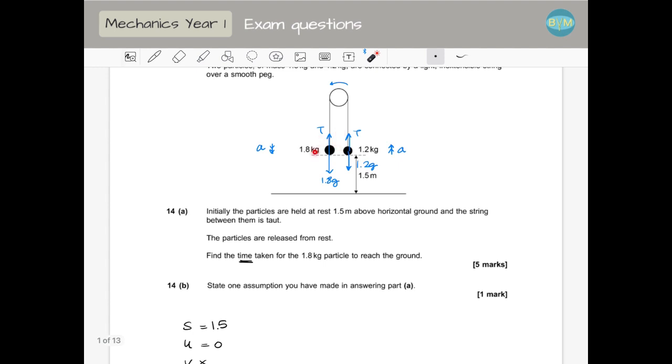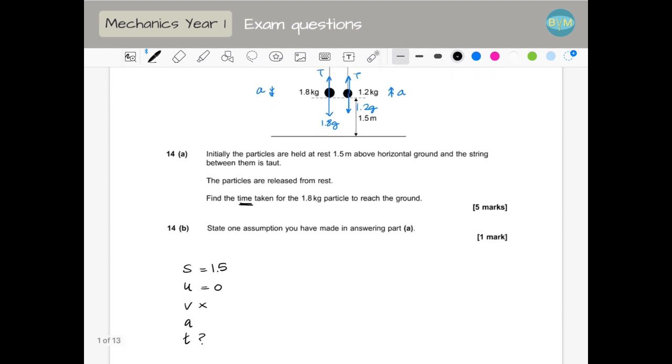So if we write the equation of forces for this one, remember I'm always using resultant force is mass times acceleration. For the 1.8 kilo particle, as it's moving down, this force is greater than this one, so I'm going to write this one first: 1.8g minus T, the resultant force, is equal to mass times acceleration.